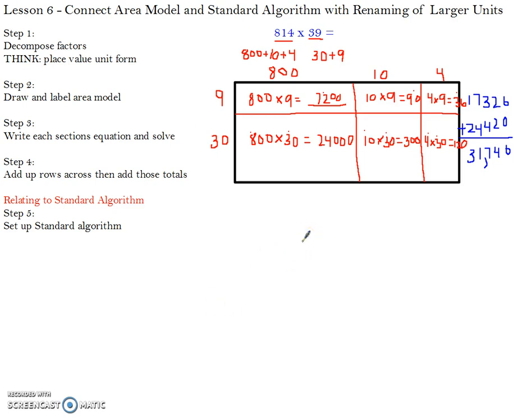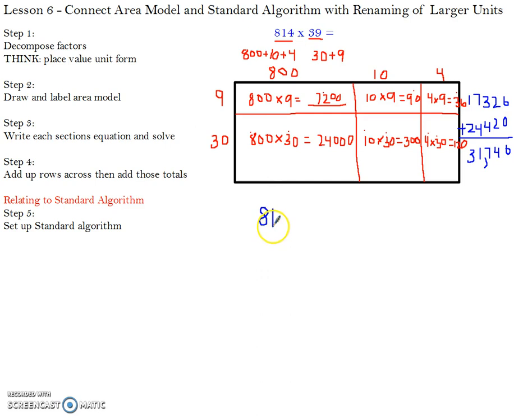So an area model is considered like method 1, and the standard algorithm is considered method 2. It doesn't matter which method you use, just as long as you're doing everything correctly, because they both work the same. So to set up my standard algorithm, usually I like the top number to be my big number.